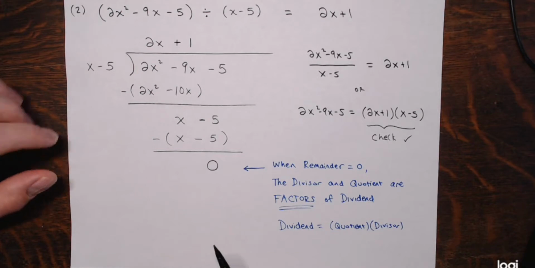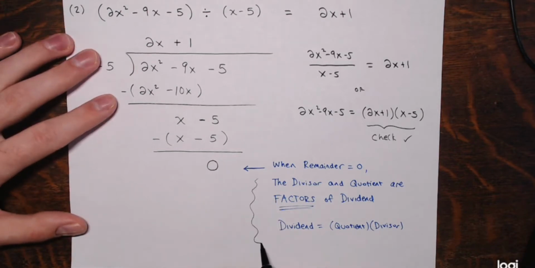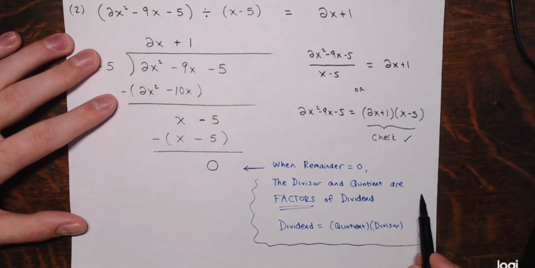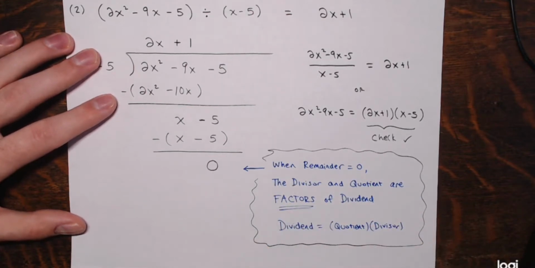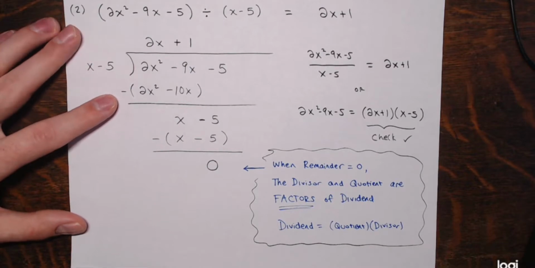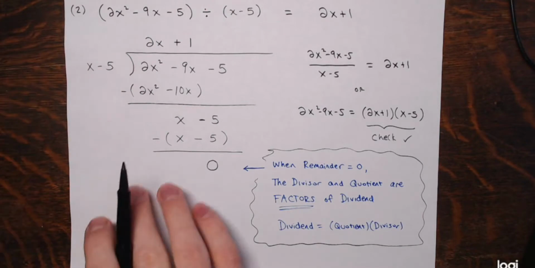But this is key. This is another important note. Something we're going to keep an eye out for whenever you divide. If the remainder is 0, that means that the dividend can be factored. And yeah, more of the same.